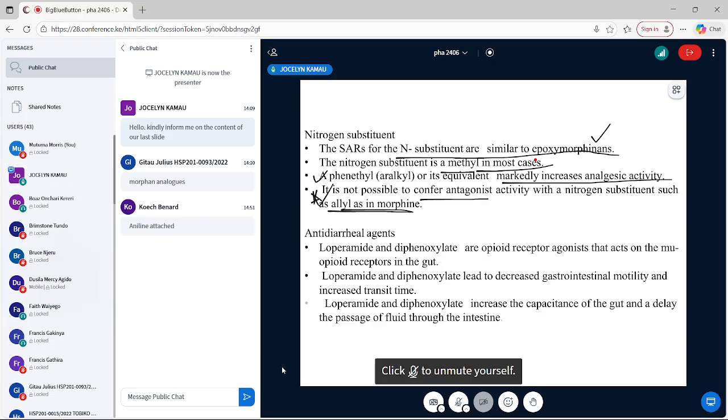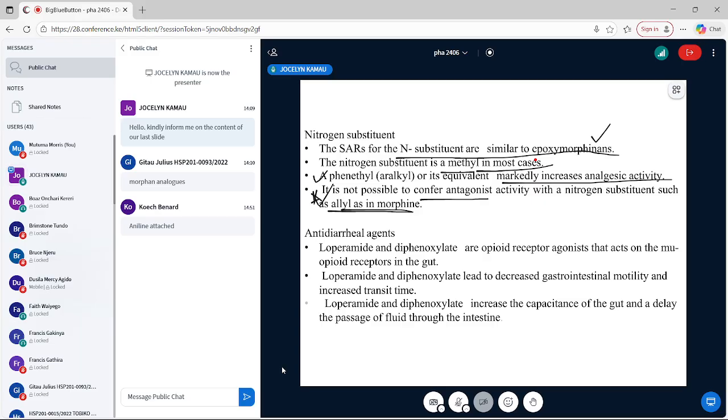But first of all, you convert the molecule to oxymorphone by putting a ketone at position 6, saturating the double bond at position 7, 8, putting a beta hydroxyl group at position 14, and now changing the group at position 17, where you either put an allyl group or a cyclopropyl group.